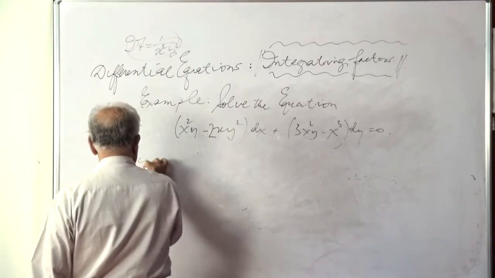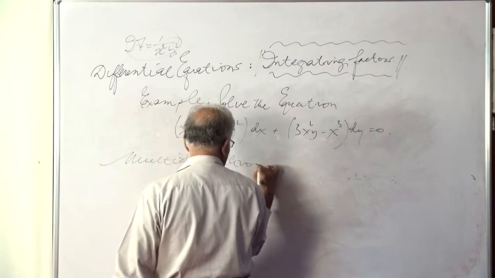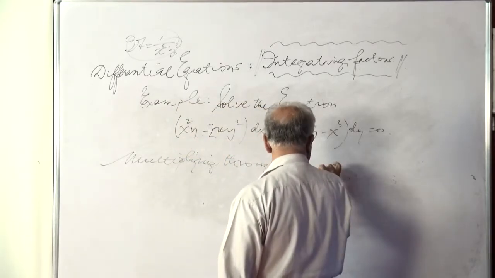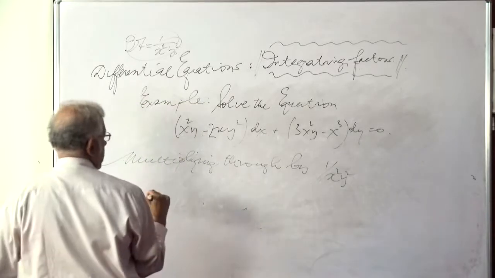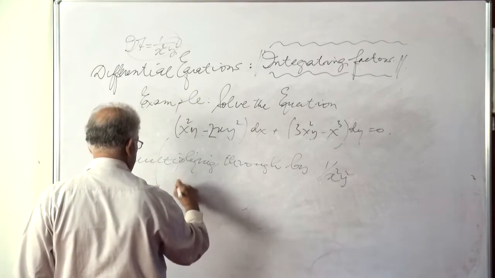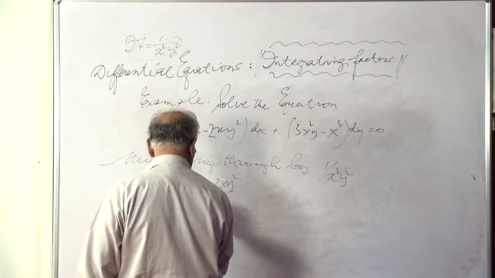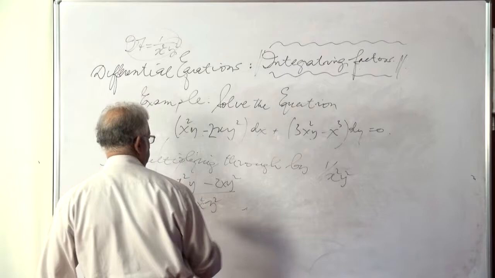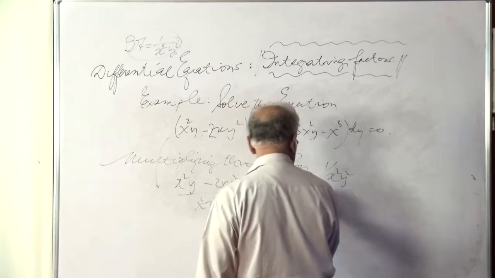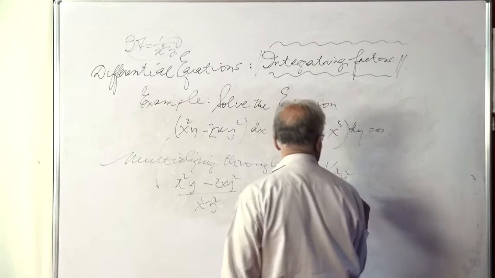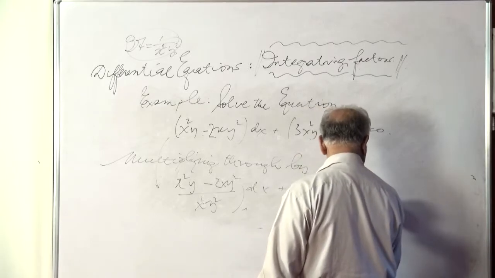So, multiplying through by 1 over x square y square leads us to (x square y minus 2xy square) over x square y square dx plus (3x square y minus x cubed) over x square y square dy is equal to 0.